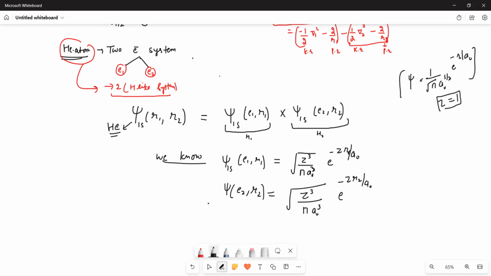Now use these in this fourth equation. You can mention them as 4a and 4b.